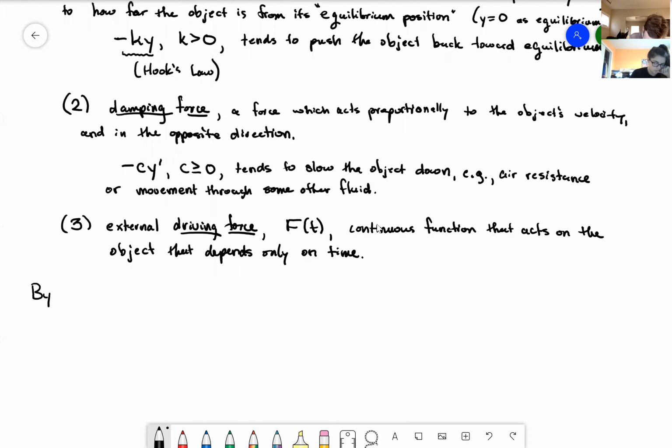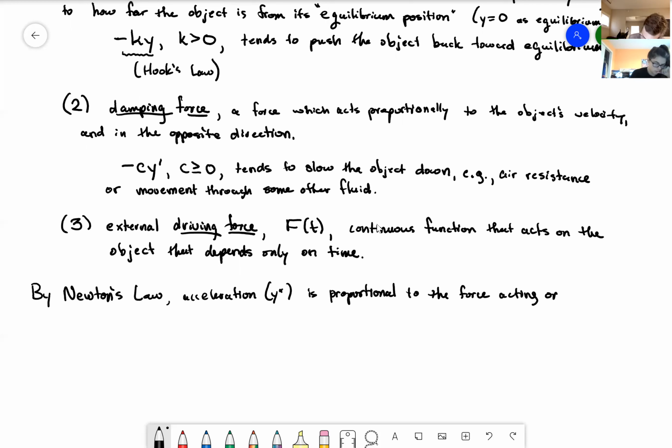Now, by Newton's law, but it's really Newton's laws of motion, acceleration, in other words y double prime, is proportional to the force acting on the object.